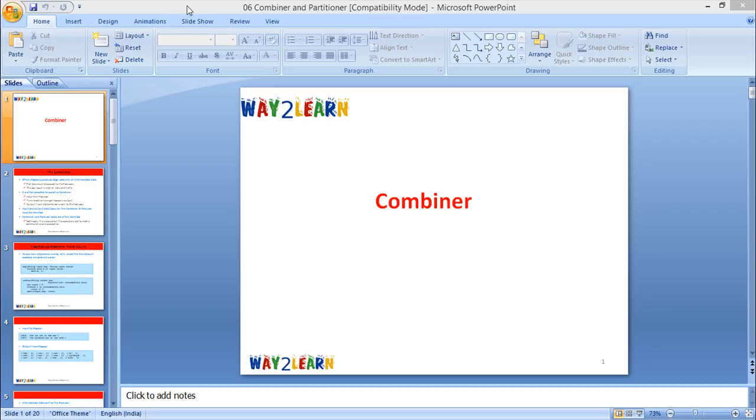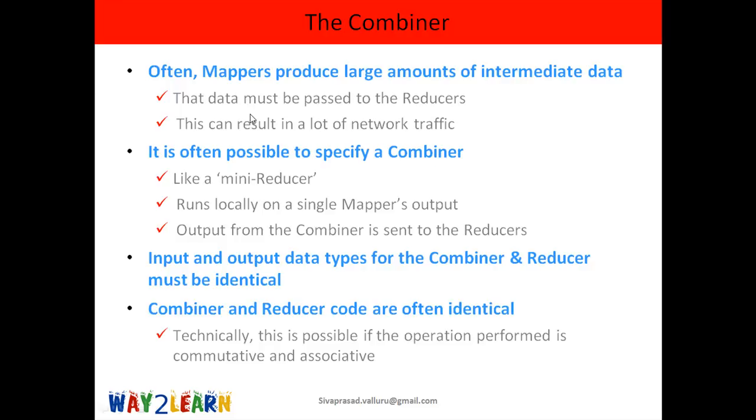First let us see what a combiner is and when to use it. Before we talk about combiner, let us see the problems with mappers. Generally the mappers produce large amounts of intermediate data.